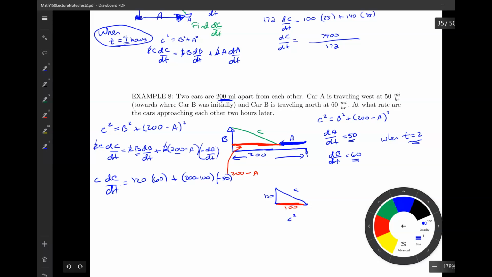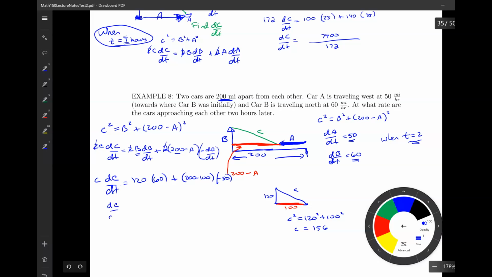So then I can figure out what C is equal to. 120 squared plus 100 squared. Getting a little bit of an idea. 120 squared plus 100 squared gives me about 156.